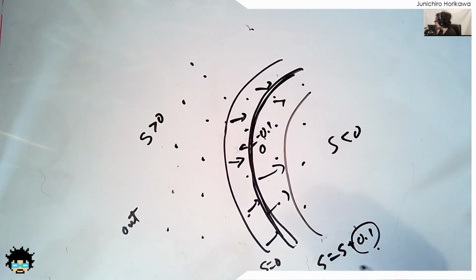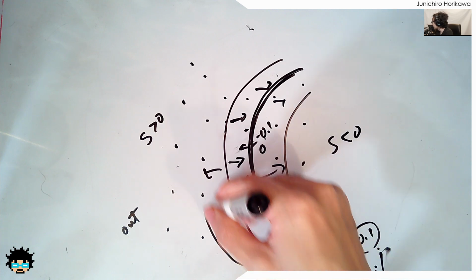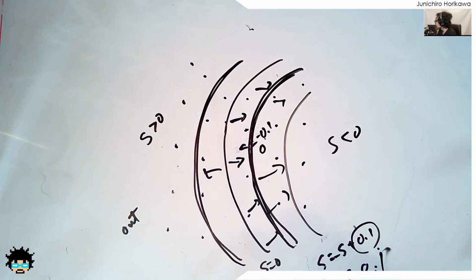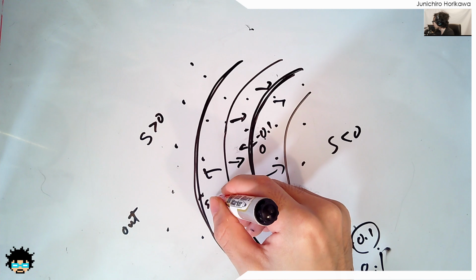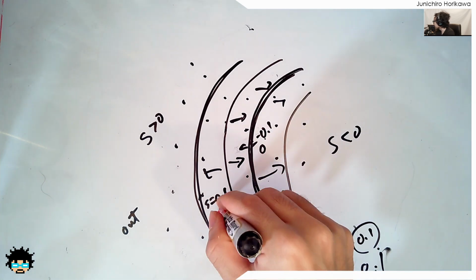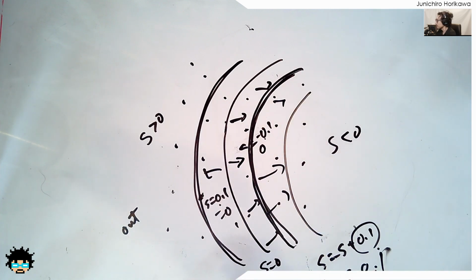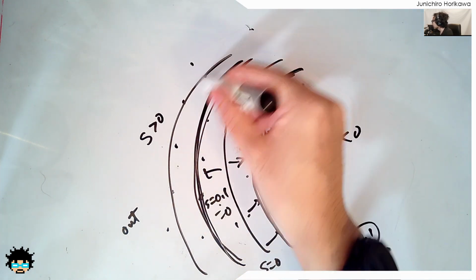Or if you subtract by a specific value, let's say you subtract by 0.1, then in that case it expands the border. If this point is equal to S equals 0.1, then by subtracting 0.1, this becomes 0. Then in that case, this point becomes part of the surface border, meaning you can calculate the expanding like this.